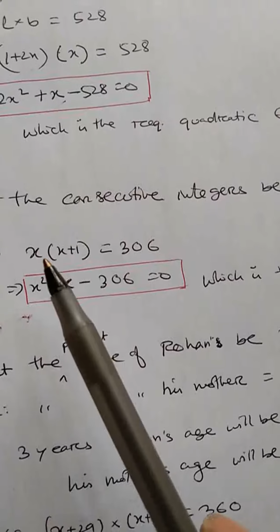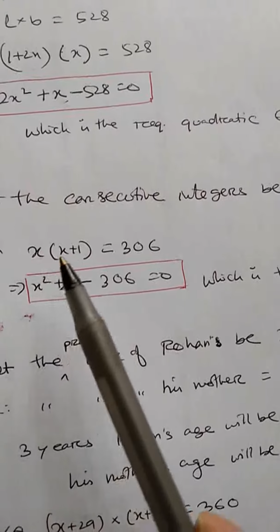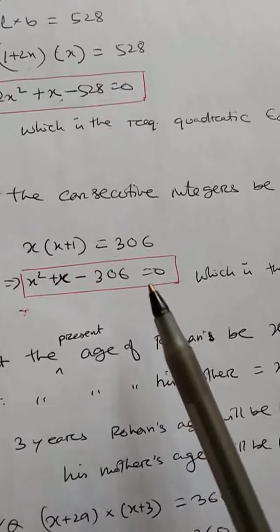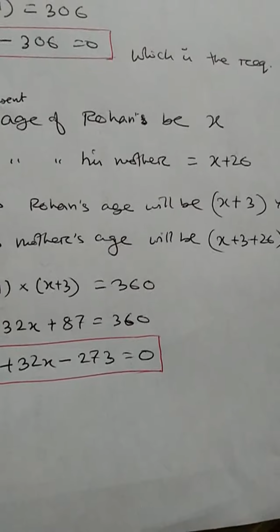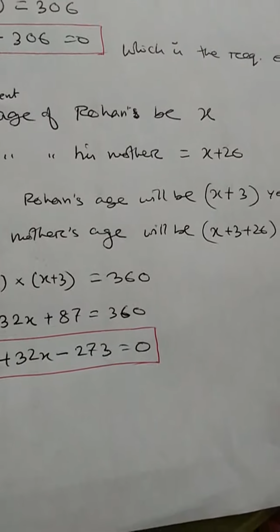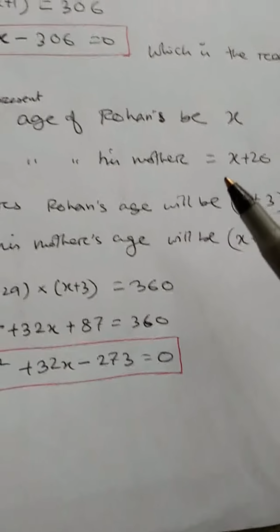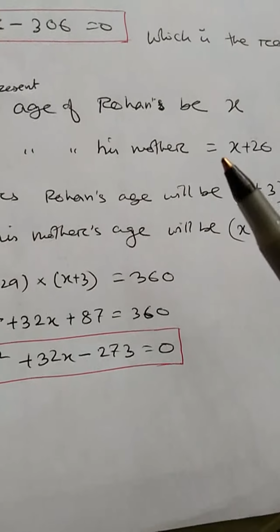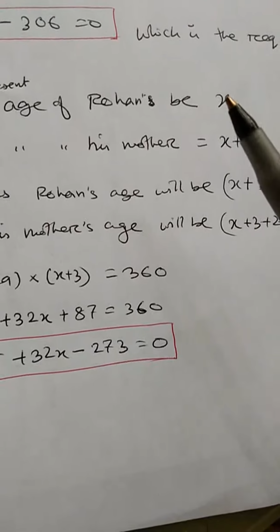It means if one is x, next one will be x plus 1, and then their product will be 306. Multiplying will get the equation. Third question is about Rohan's present age and his mother's age. In the question it is given that Rohan's mother's age is 26 years more than Rohan's age.